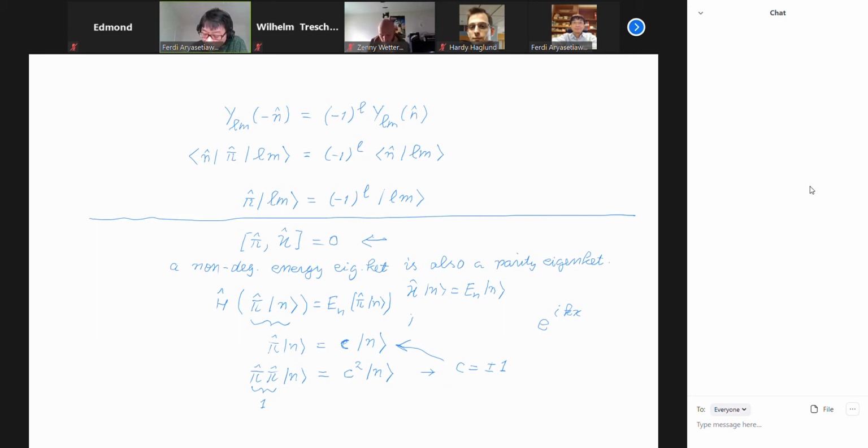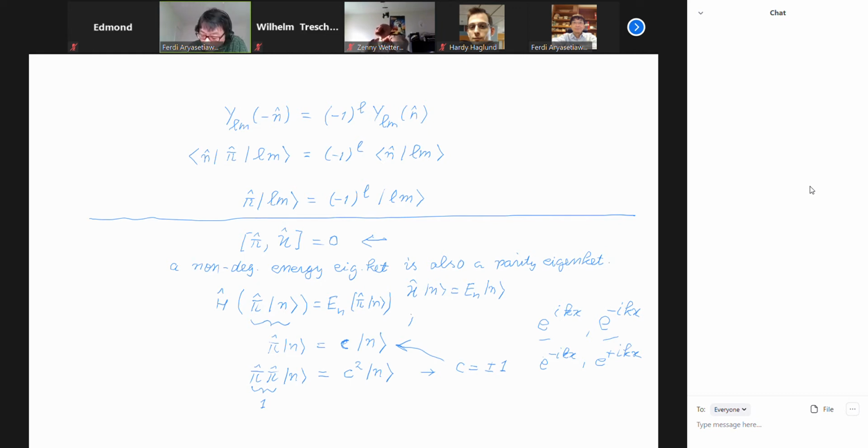But e to the minus ikx is also an eigenstate of the free particle, same eigenvalue. So these two are degenerate. But both these states do not have well-defined parity, because if I change x to minus x, then this will become e to the minus ikx, and this one goes to e to the plus ikx. So they don't have the parity.